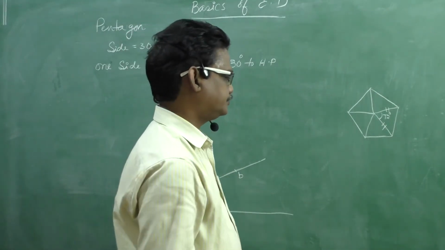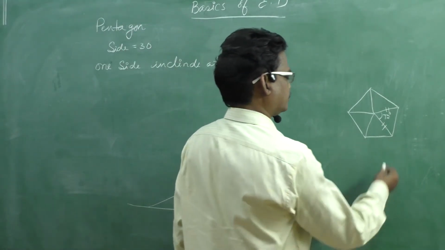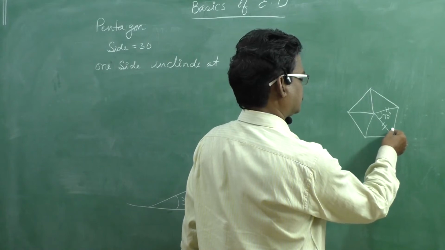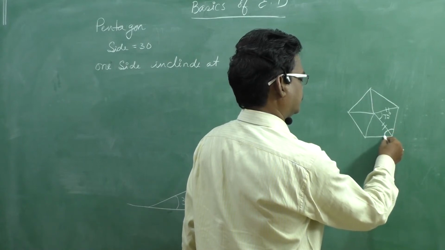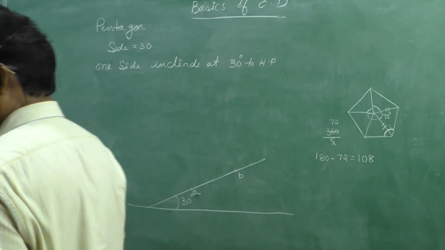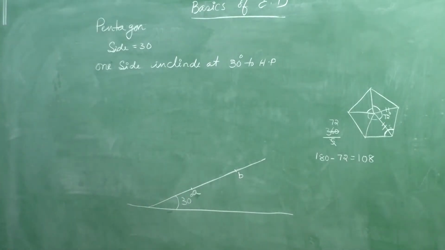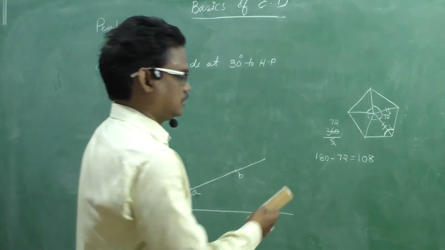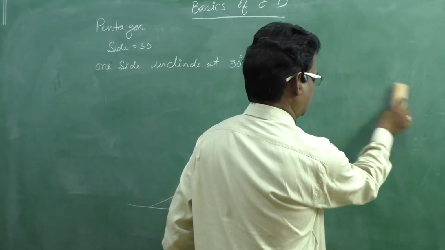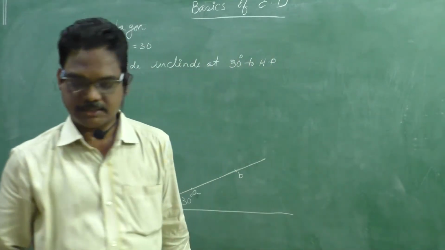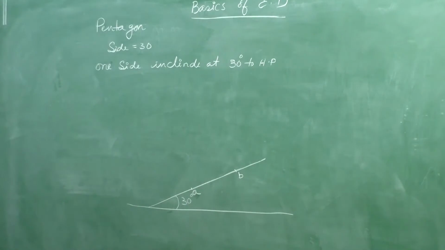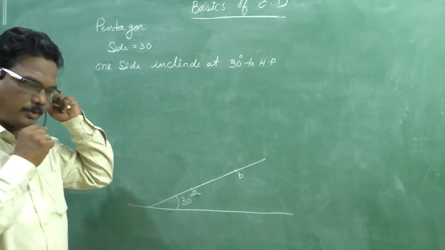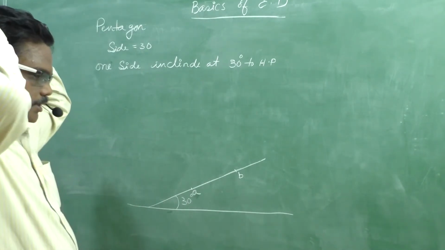Okay, and this is 72 plus 72, 108 degrees. Remember, you need to remember the angle of inclination in between two adjacent sides of a pentagon is equal to 108 degrees.